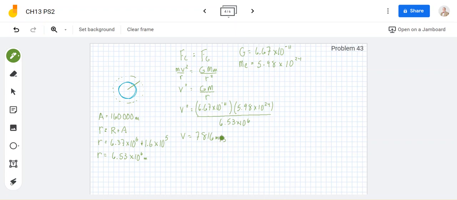Second part says, well, what's the period of that revolution? Well, as long as you're going around in a circle, shouldn't your speed equal your distance, that's the circumference, divided by the time, which is the period? So if I rewrite that, period is going to be equal to 2 pi r divided by v.